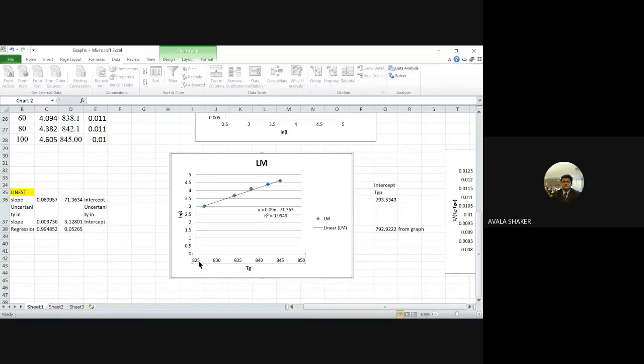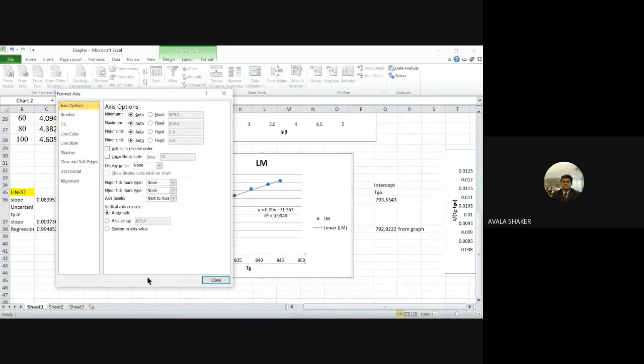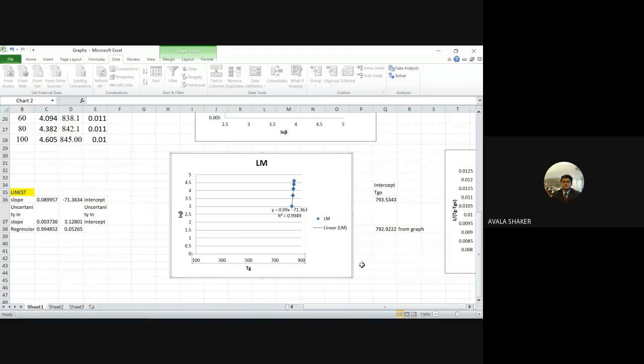One thing would be to change the axis. It's starting from 825, so you start it from, let's say, 100 or so. That's too much.